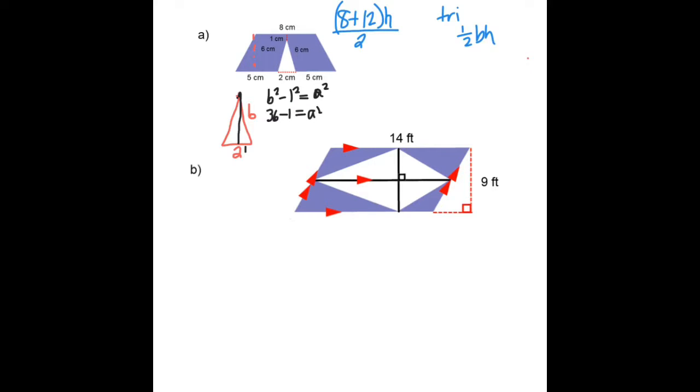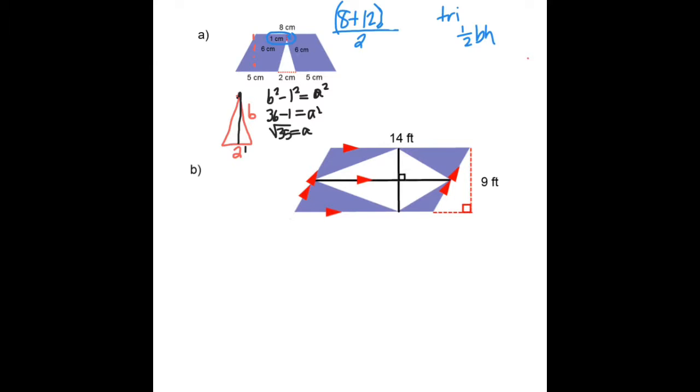That means that the height is 35, or the square root of 35. So the square root of 35 equals a. So the height of that triangle is the square root of 35. So that means that the height of the trapezoid is 1. Do you see this little right here? 1 plus the square root of 35.